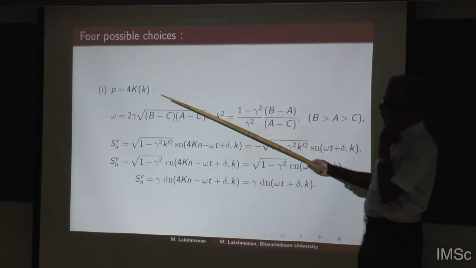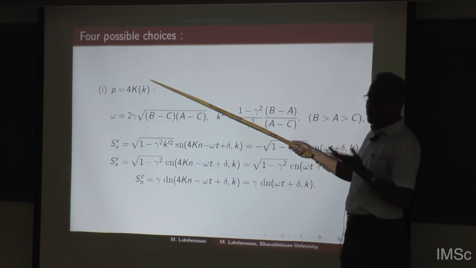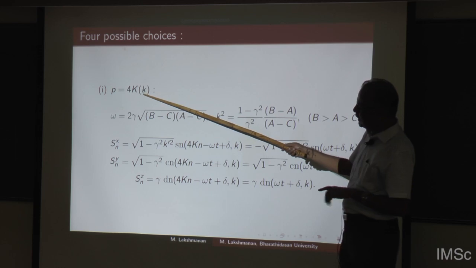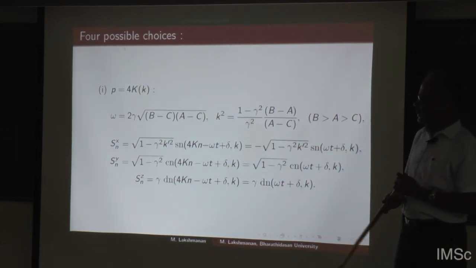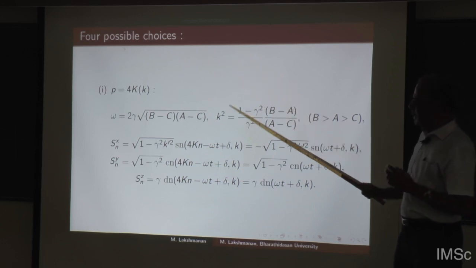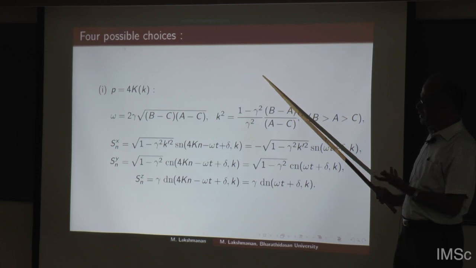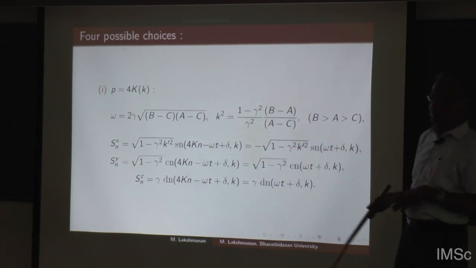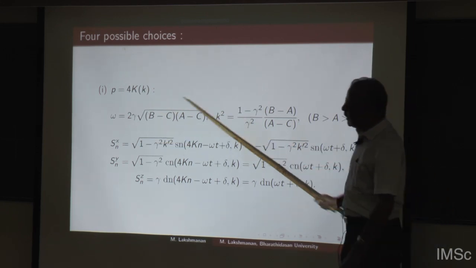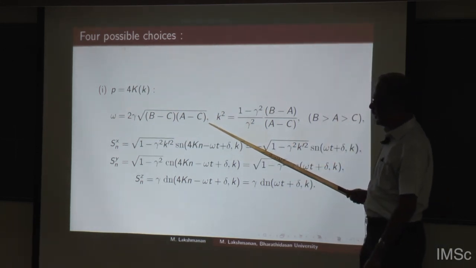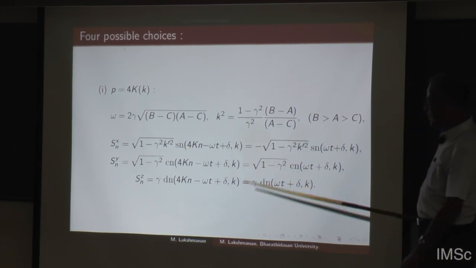If you equate that, then you get interesting structures. For example, if P is 4K, where K is a complete elliptic integral. I'm sorry, I cannot go into the details, but elliptic integrals are associated with an integral of d theta by root of 1 minus k squared sin squared theta, from 0 to pi by 2. So these are all known quantities. For that form, I have a non-trivial dispersion relation, and I have exact solutions.